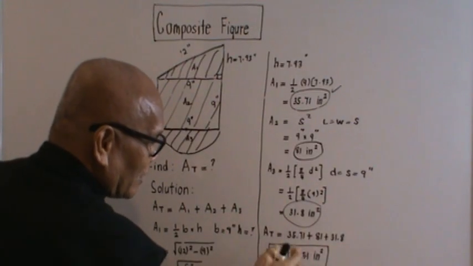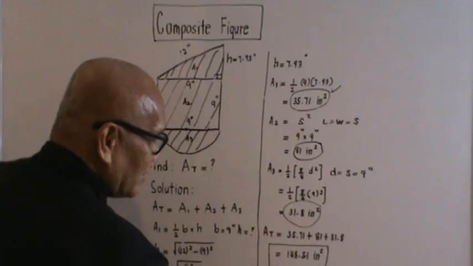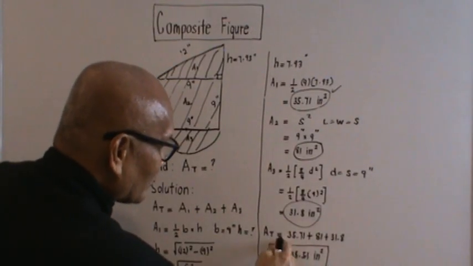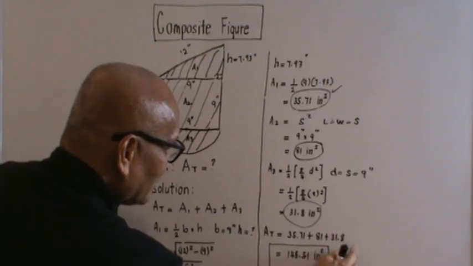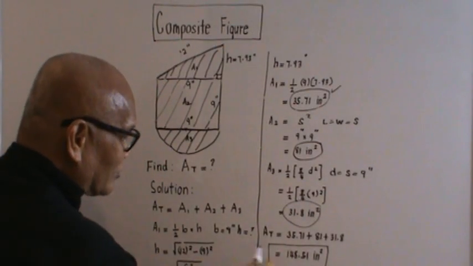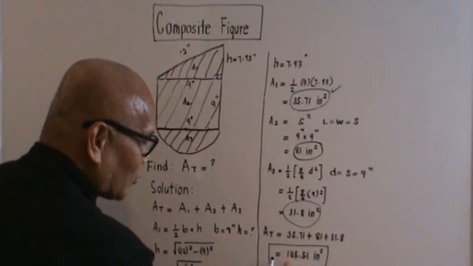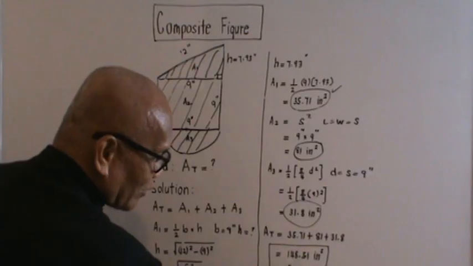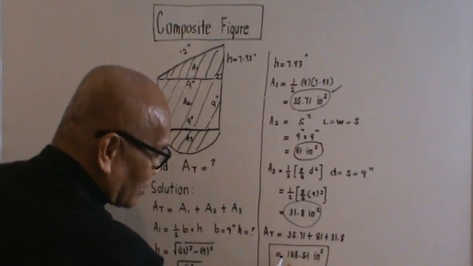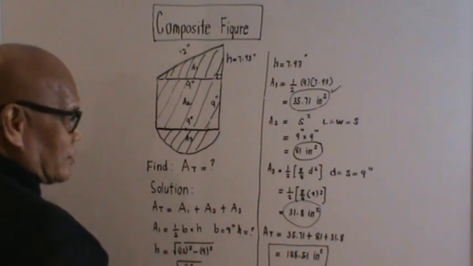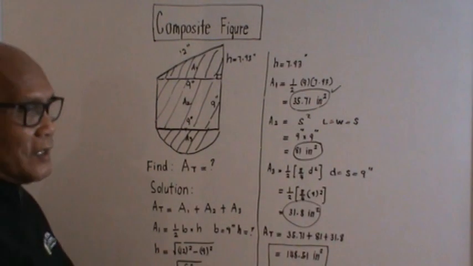If we take the addition, this will be approximately 35, 40, almost 40, it's 120 plus, and the total is 148.51 inches to the second power, or in engineering, square inches. Okay, that's it, guys.